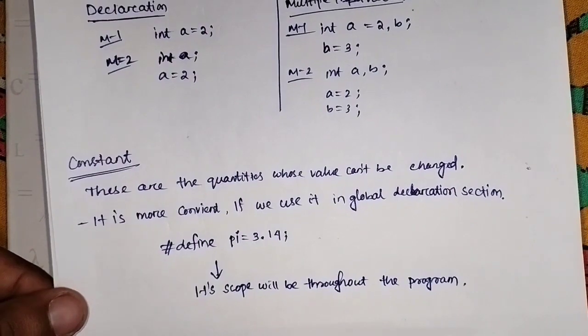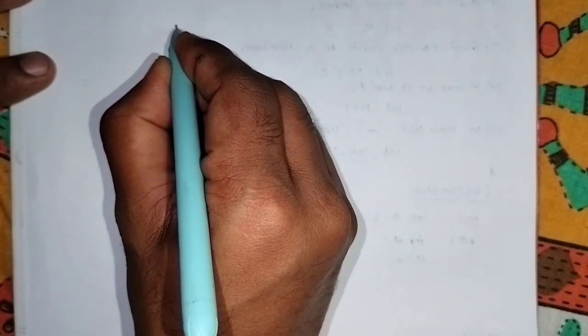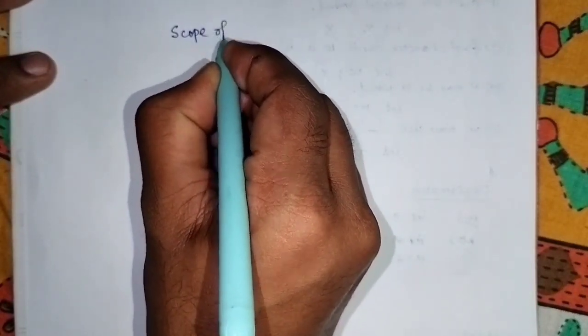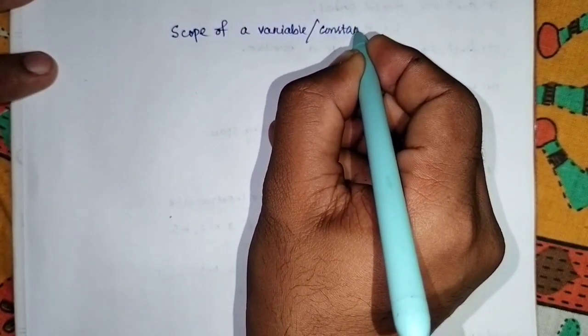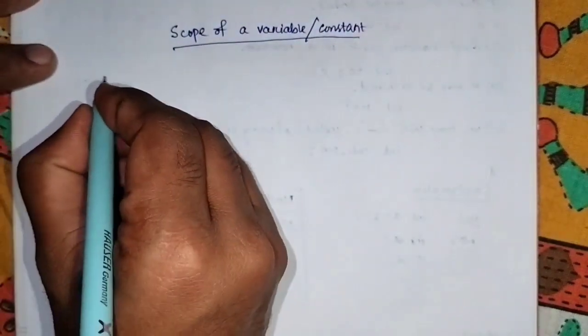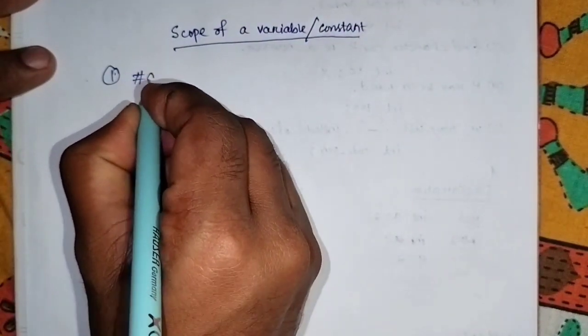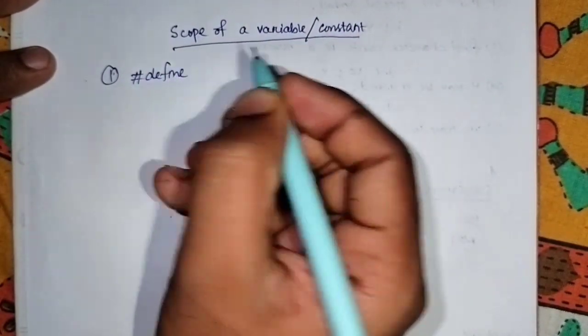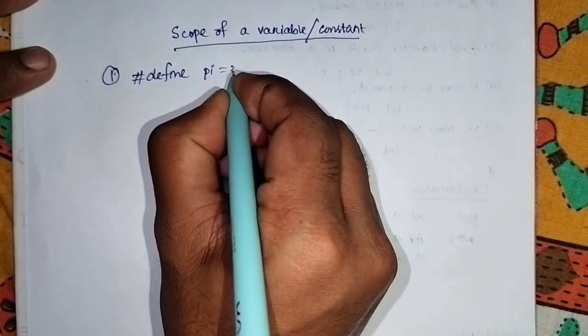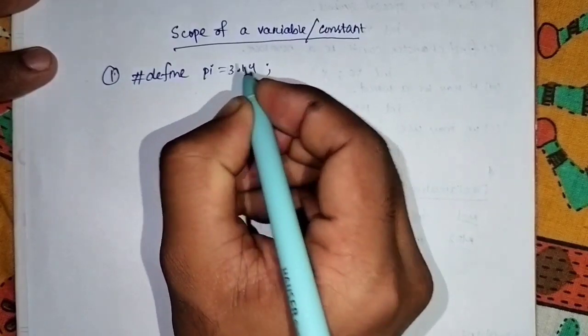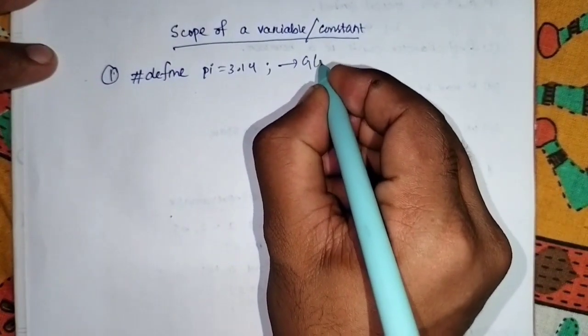Now learn about what is the scope of a variable or the scope of a constant. First example, #define pi 3.14. We all know that the value of pi is 3.14, so it is a constant and we cannot change its value.